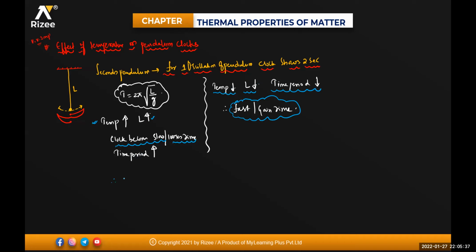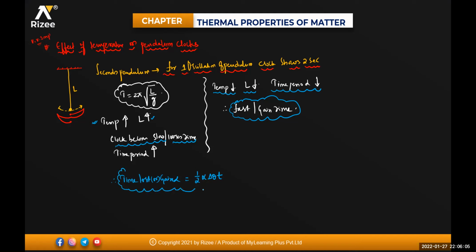So therefore, time lost or gained is calculated with the formula half into alpha into delta theta into time period t. Is that clear, beta? Time lost or gained, no need of derivation, beta.